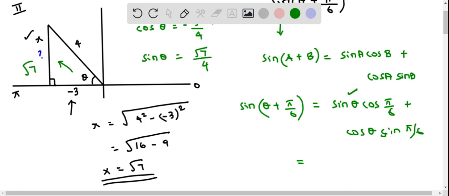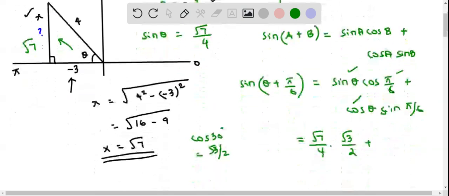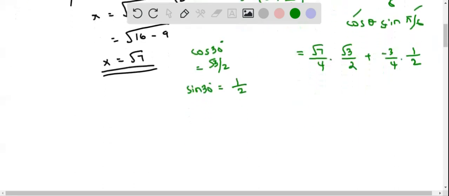So let's put sine theta equals root 7 divided by 4, and cosine pi by 6 is basically cosine 30 degrees, and this equals root 3 by 2. So let's replace that here. This is root 3 by 2 plus, we then put cosine theta, which equals negative 3 by 4, times sine pi by 6, which is basically sine 30 degrees, and this equals 1 by 2. So I put 1 by 2 here. Let's simplify this.